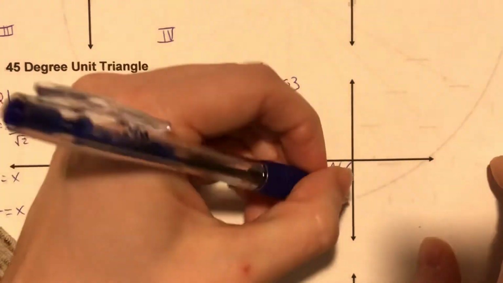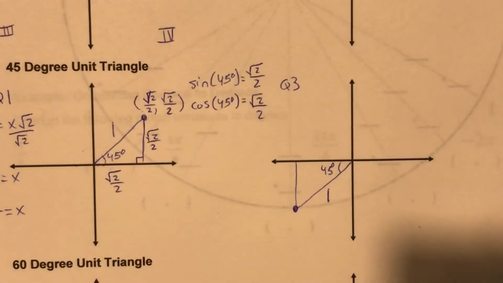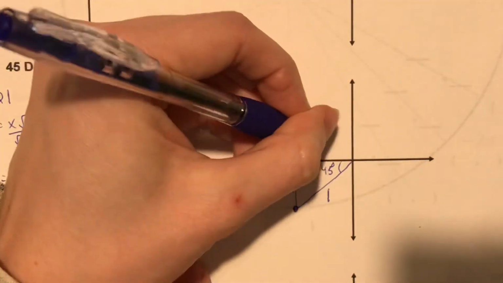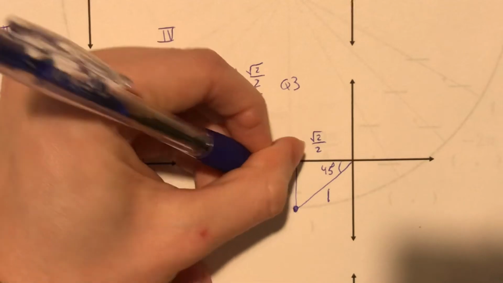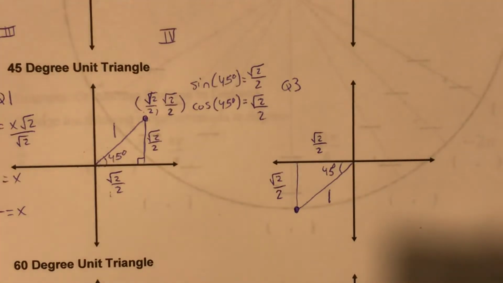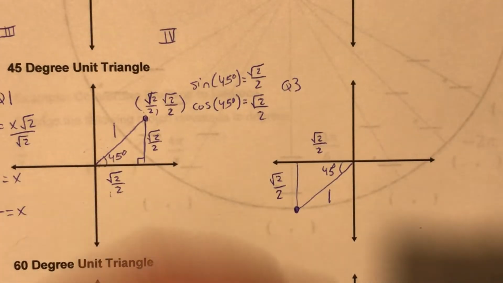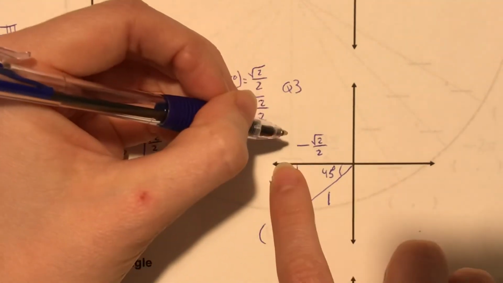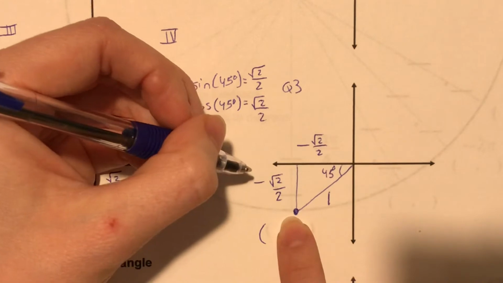So we know that our unit circle means that our hypotenuse is always 1. And then we can just use the same coordinates from over here. So the square root of 2 over 2 and the square root of 2 over 2. But of course, we're in quadrant 3. So this point down here has a negative x coordinate and a negative y coordinate.